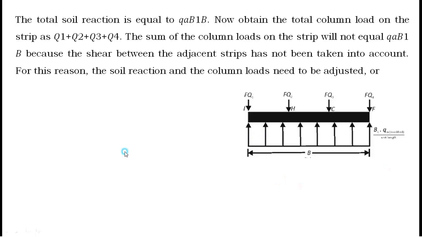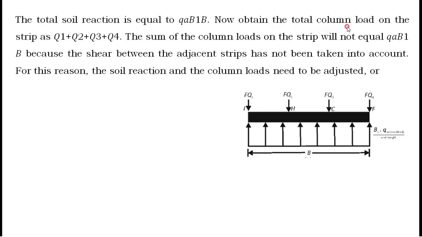The total soil reaction is equal to Q average times B1 times B. Q average is calculated previously, B1 is the strip width and B is this one. We multiply the area by the average to get the total soil reaction.